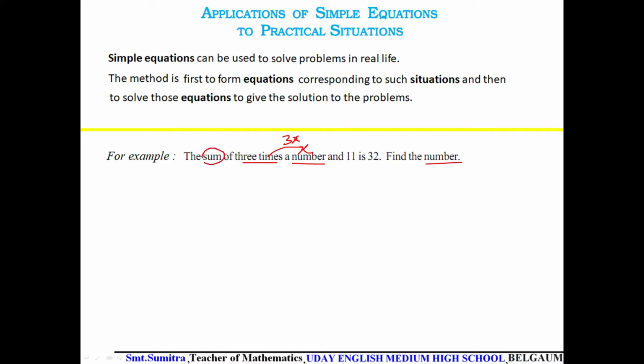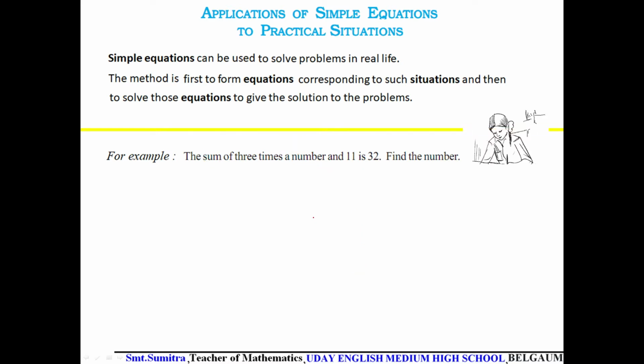So 3x and 11 means 3x plus 11 is 32. Is 32 means is equal to 32. Now here our job is to find the value of x. You know how to find x by transposing 11 to the right hand side, then divide by 3. This all method you know. Let me explain once again.